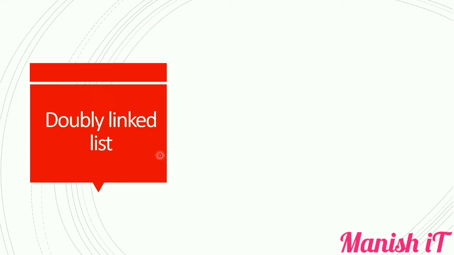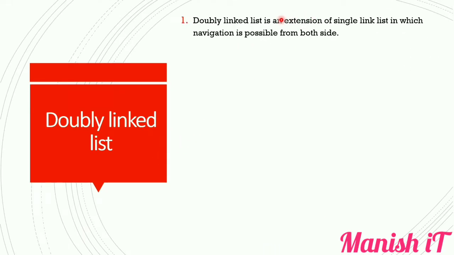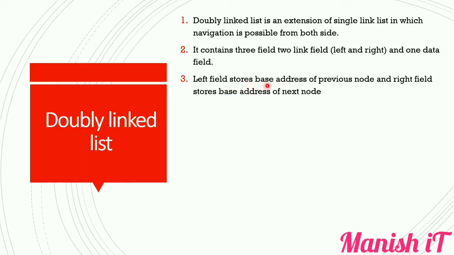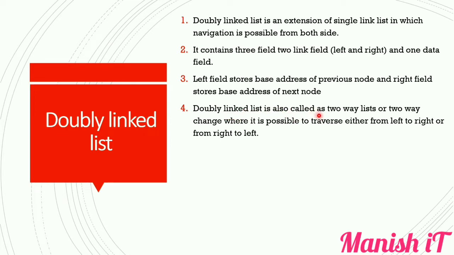Let us see the features one by one. First, a doubly linked list is an extension of a singly linked list in which navigation is possible from both sides. It contains three fields: two link fields, left and right, and one data field, which stores data given by the user. The left field stores the base address of the previous node, and the right field stores the base address of the next node. A doubly linked list is also called a two-way list or two-way chain, where it is possible to traverse either from left to right or right to left.